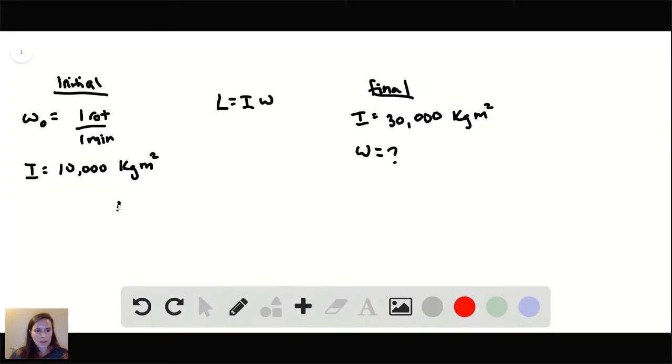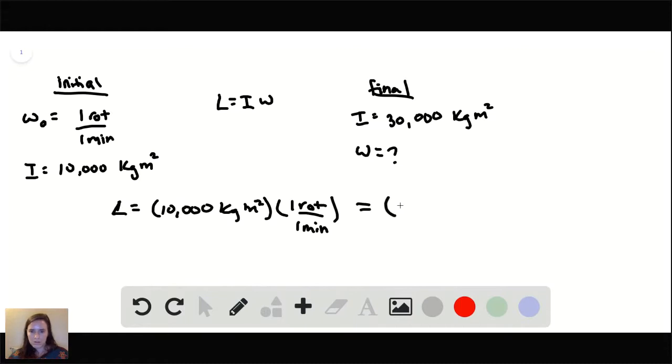So our L initial is 10,000 kilogram meters squared times omega, 1 rotation per 1 minute, is equal to final, 30,000 kilogram meters squared times omega.